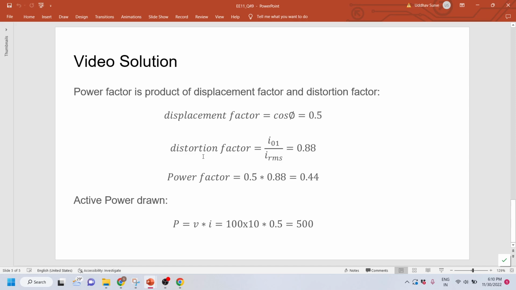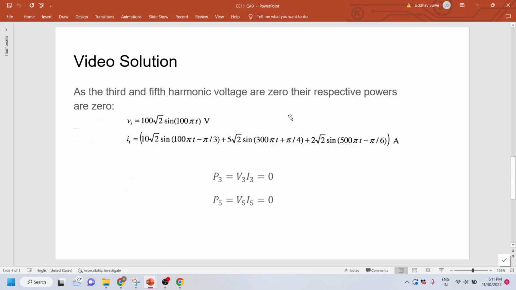So let us calculate the power factor here. So power factor is the product of displacement factor and distortion power factor. I didn't define displacement factor earlier. It is fairly simple. Displacement factor is simply cos phi between the fundamental components of the given voltage and current. So here the displacement between fundamental voltage and current is pi by 3.